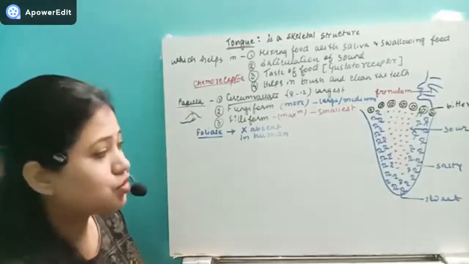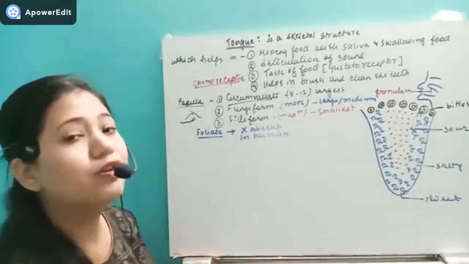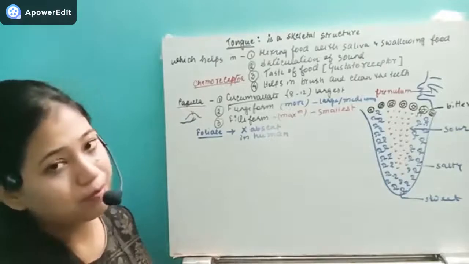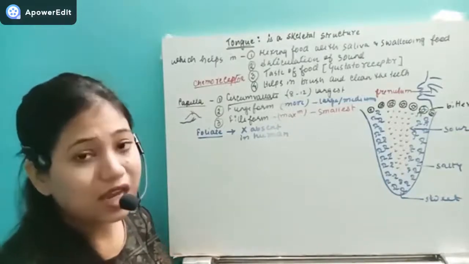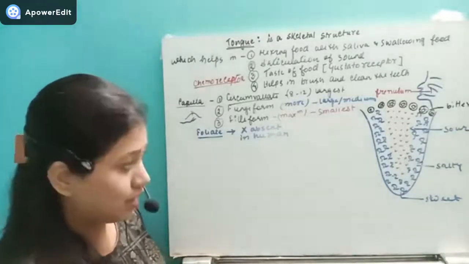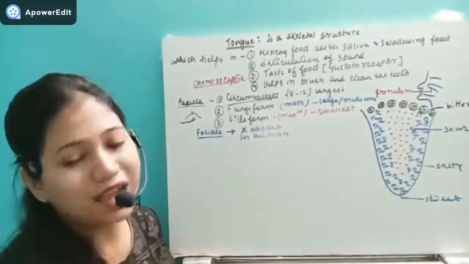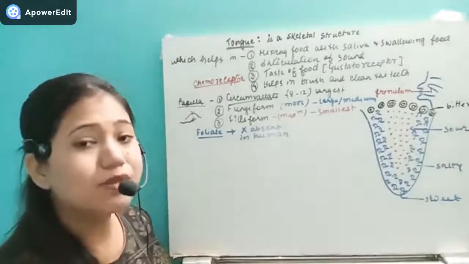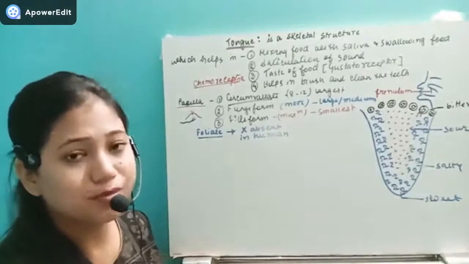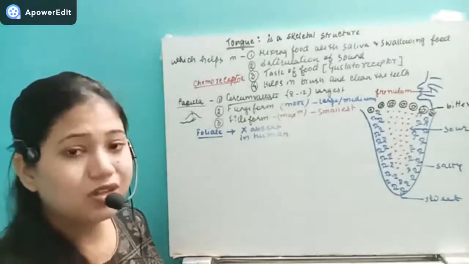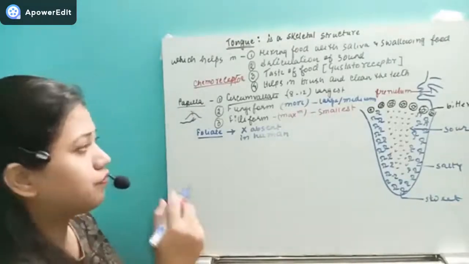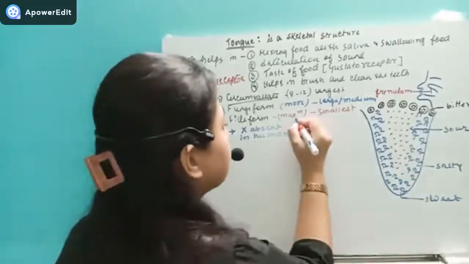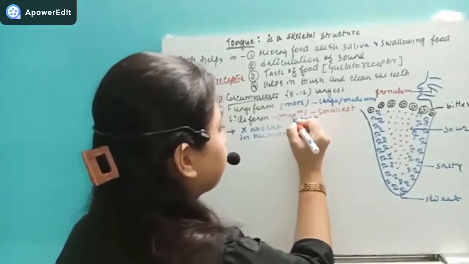Remember, if it comes to the filiform, it will not have any taste buds. That means it cannot understand any type of taste. Rather, it has tactile receptors. Tactile receptor means it has touch receptors, not taste receptors. So filiform cannot taste.